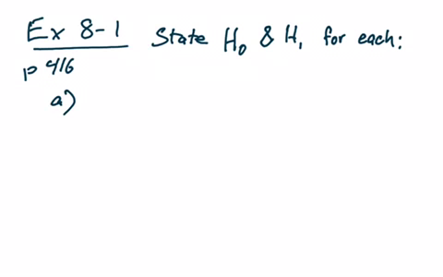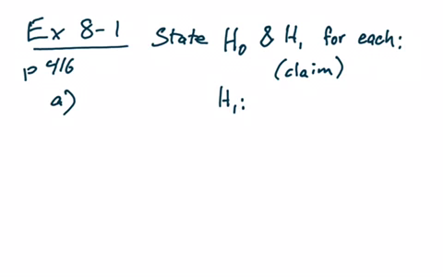So let's begin here. What does she think? What is her claim? One particular way to approach hypothesis testing and make sure you're thinking about it correctly is to identify the point of the research. What is it that they are trying to prove?